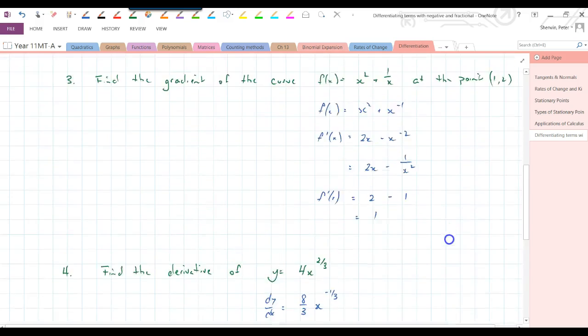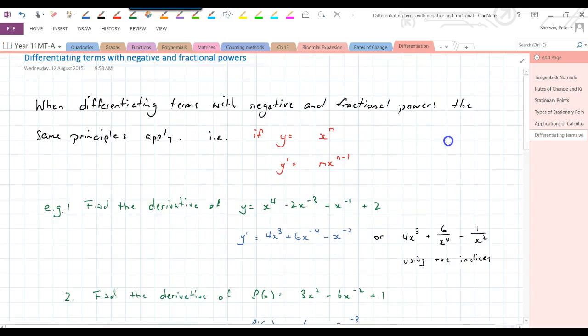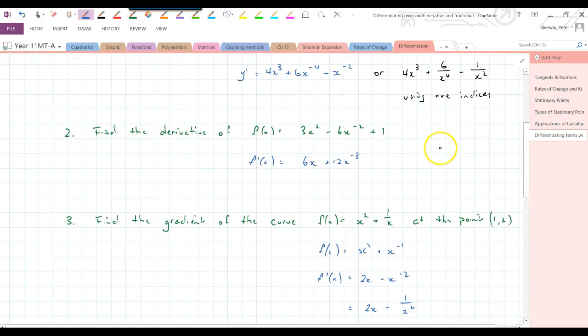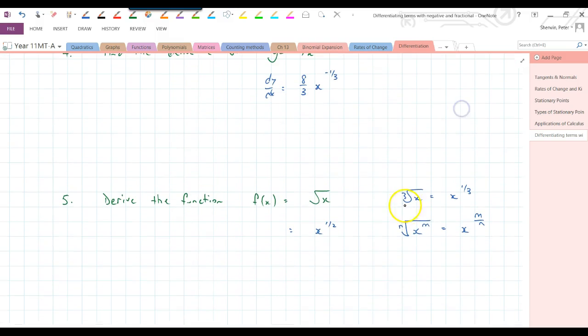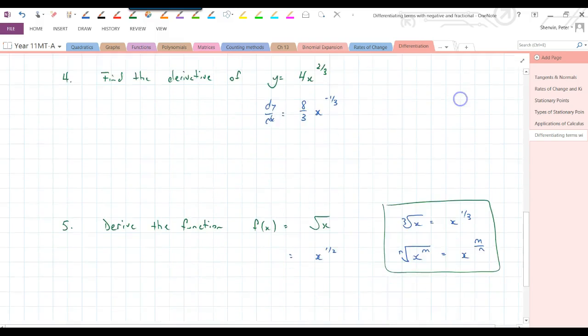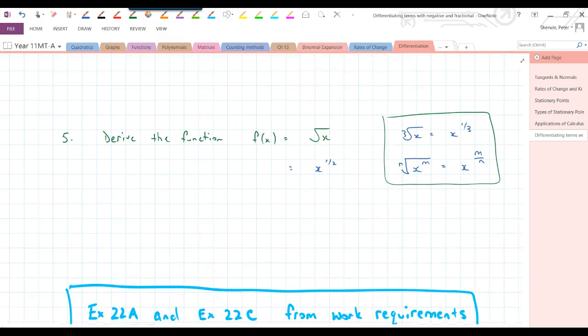Generally over here for negative powers, right, where are we? In here somewhere. Right, x to the power of minus m equals 1 over x to the power of m. It might be worth just writing those down, a little recap on fractional and negative powers.